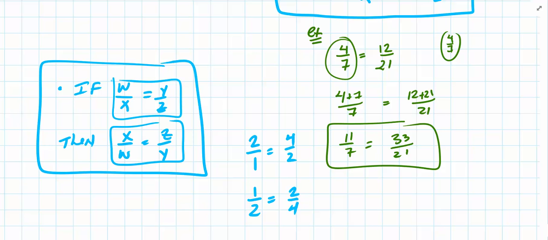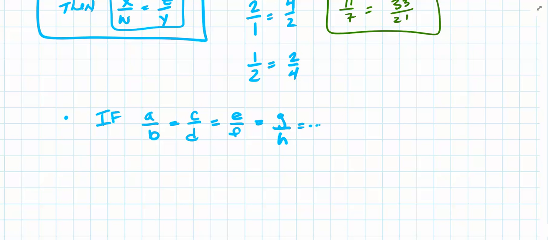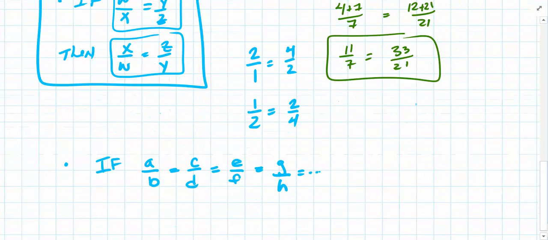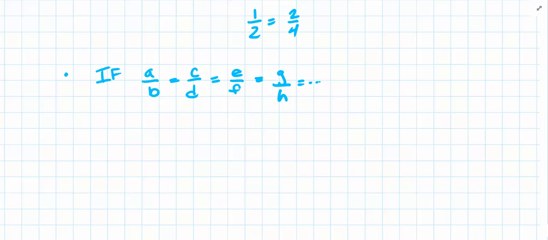Okay, this is the fourth one that we've done. The fourth property of proportions that we probably don't ever recognize that we deal with. So A over B equals C over D equals E over F. So I have a bunch of equal ratios lined up in proportions. If these are all lined up, then it doesn't matter how many we have.